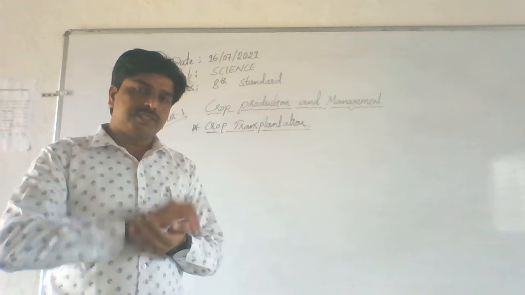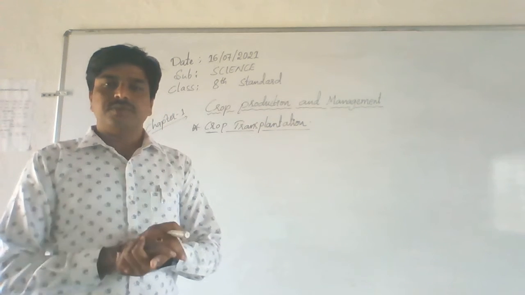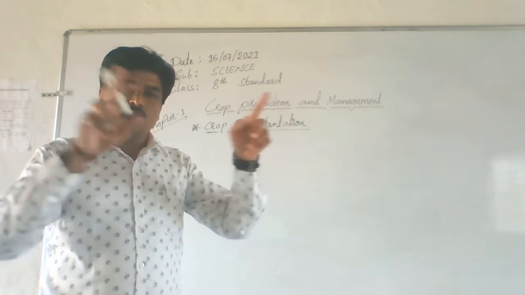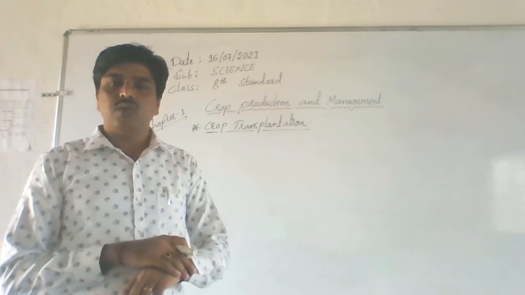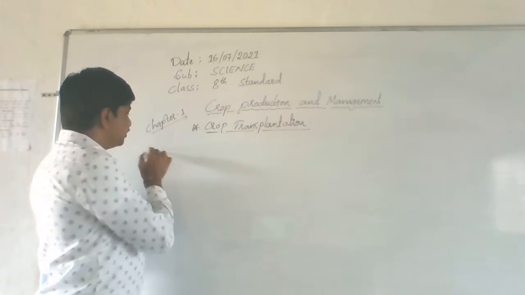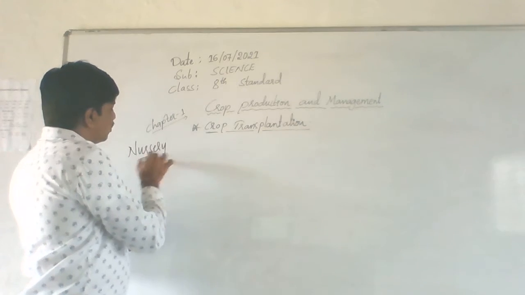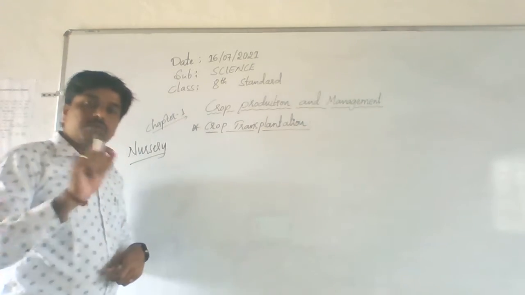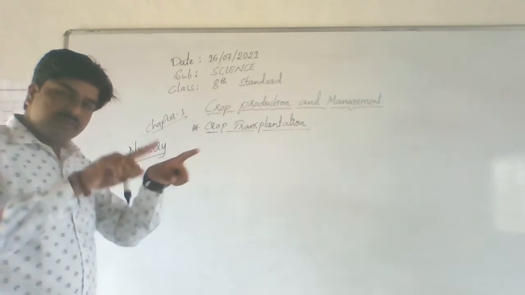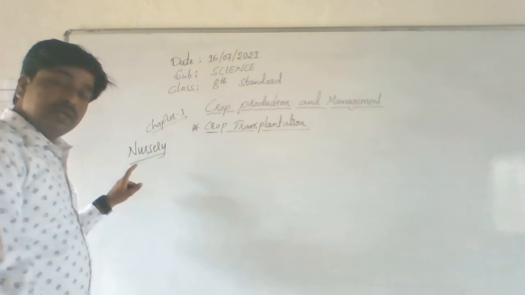Someone, I think you might have seen somewhere some crops which are grown in a small area. They are called a nursery. So some crops are grown in a very small area, and that place we call a nursery.